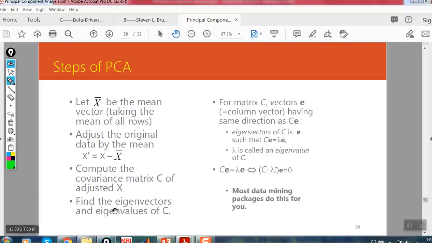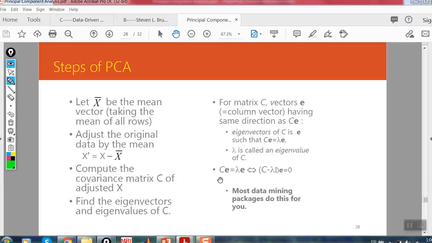we calculate the eigenvectors and eigenvalues of the covariance matrix, exactly like the method we explained in the previous sessions. Okay, we calculate the eigenvalues and eigenvectors.